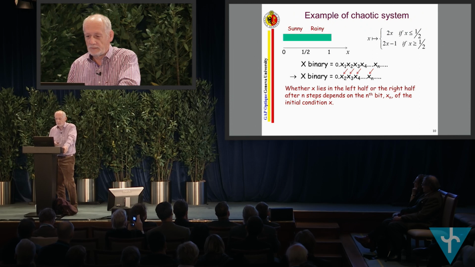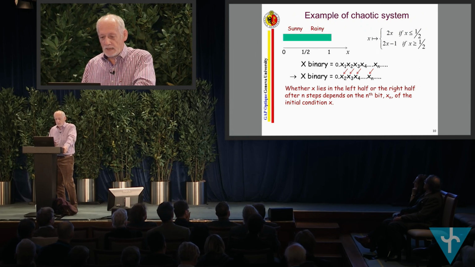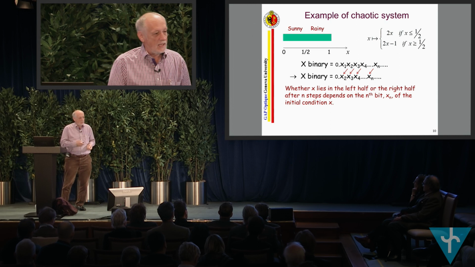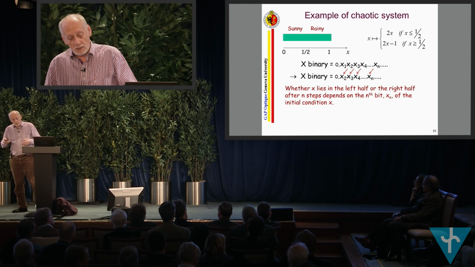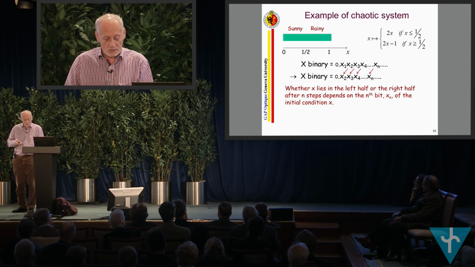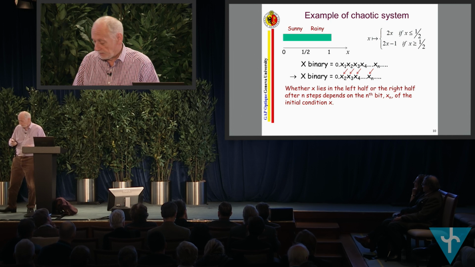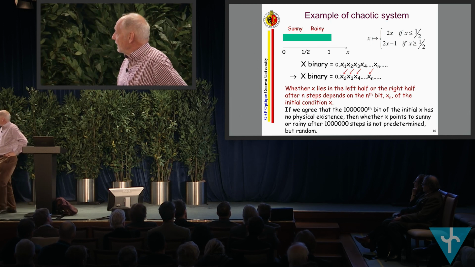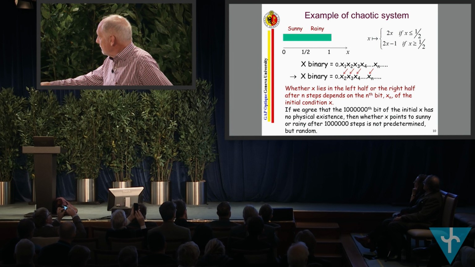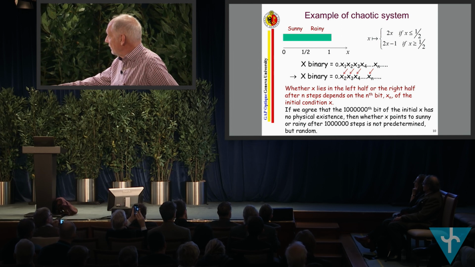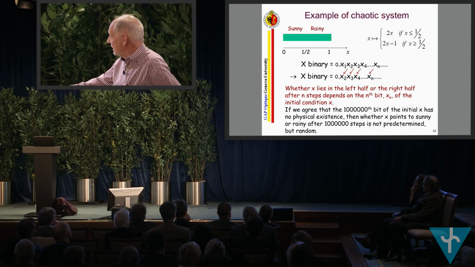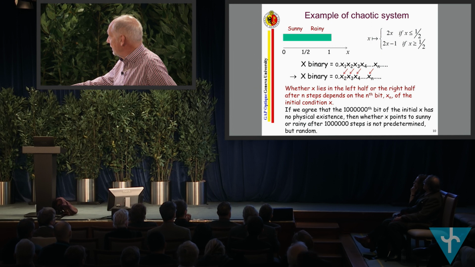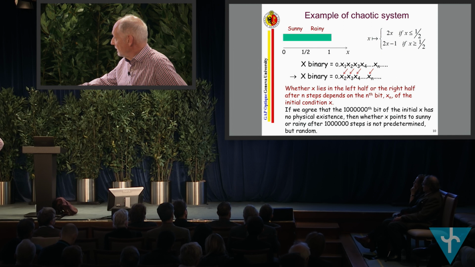So what are the consequences of that? Let's look back at this example. If the initial condition x is not physically real, it might be given by a real number, but maybe it's only a rational or a number that can be computed, then if we agree that the billionth bit of the initial condition has no physical existence, whether x points to sunny or to rainy after a billion steps is not predetermined, but truly random.